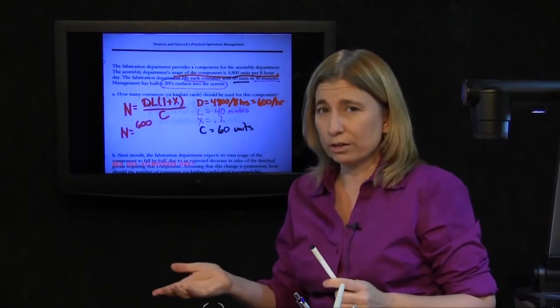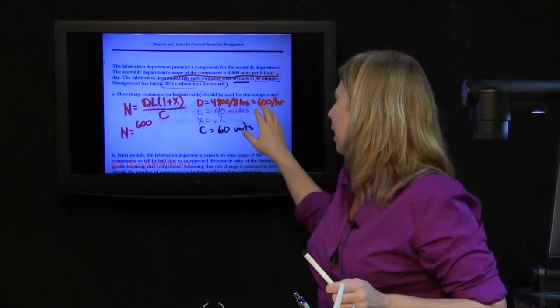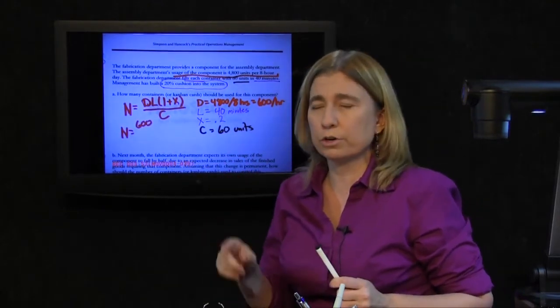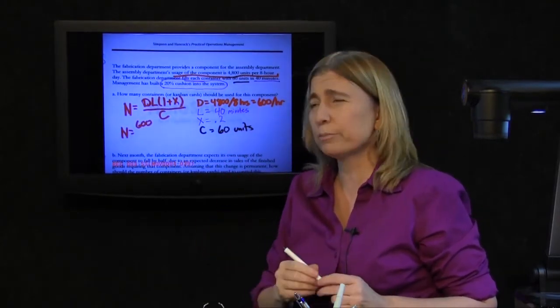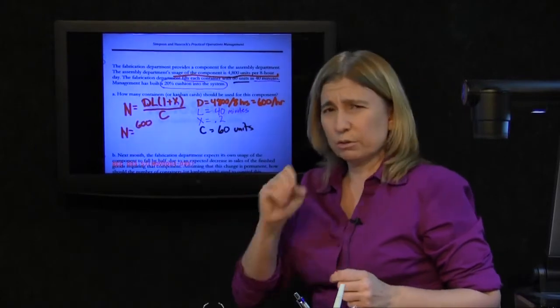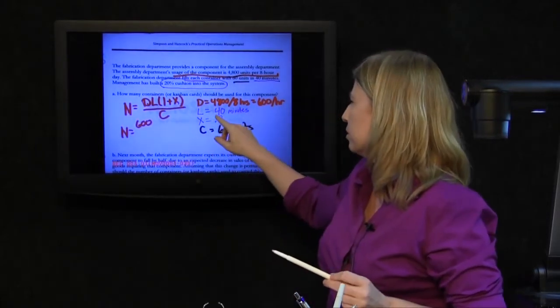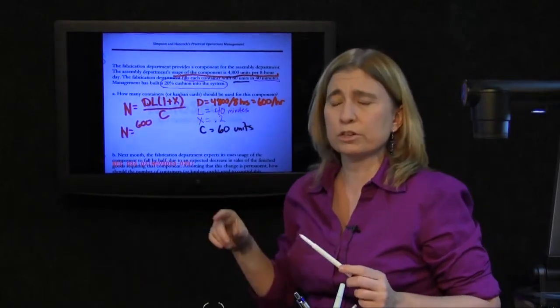You get the wrong answer. Right now I write 600, meaning 600 an hour. At the point that I wrote 600 down, I obligated myself to state the lead time, the turnaround time on the container, in hours.